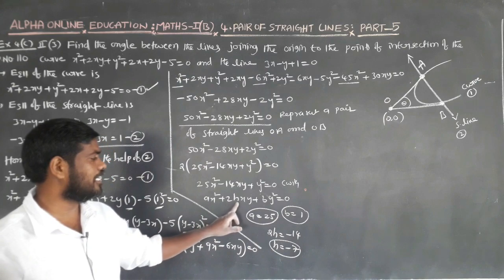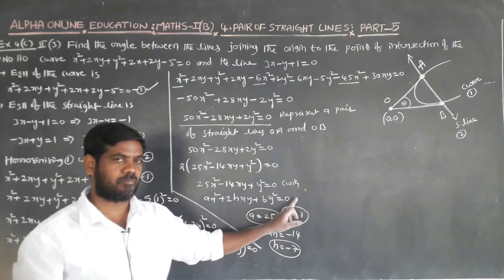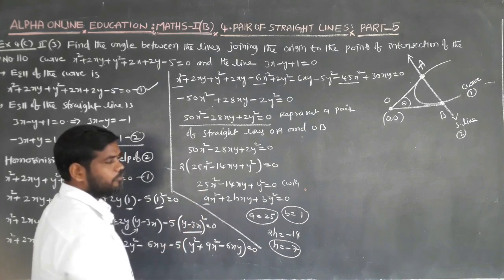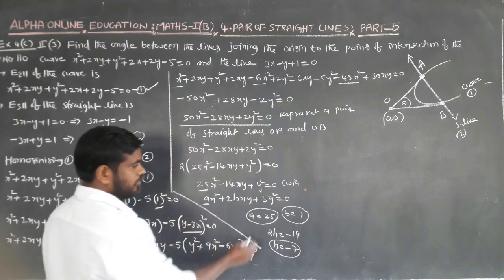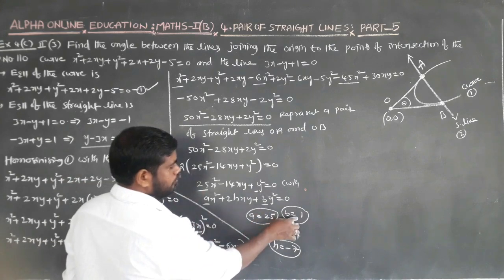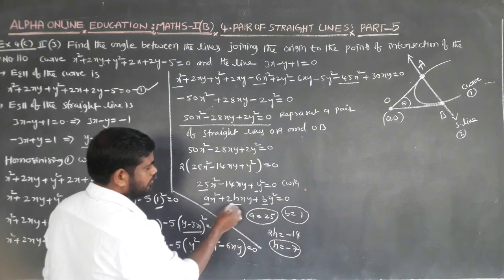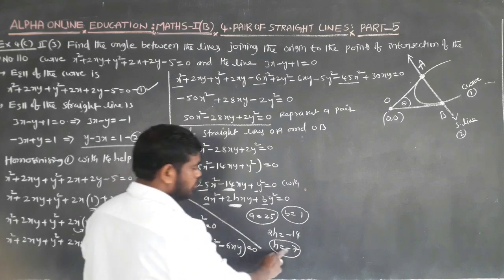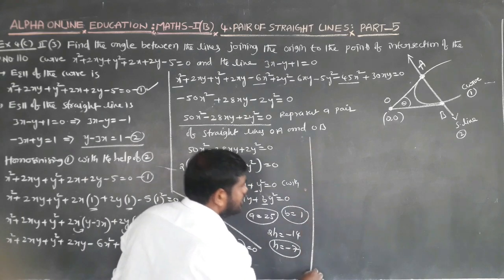Comparing with the general equation ax square plus 2hxy plus by square equal to 0, here the x square coefficient a is equal to 25, the y square coefficient b is equal to 1, and the xy coefficient 2h is equal to minus 14. So h is equal to minus 7.